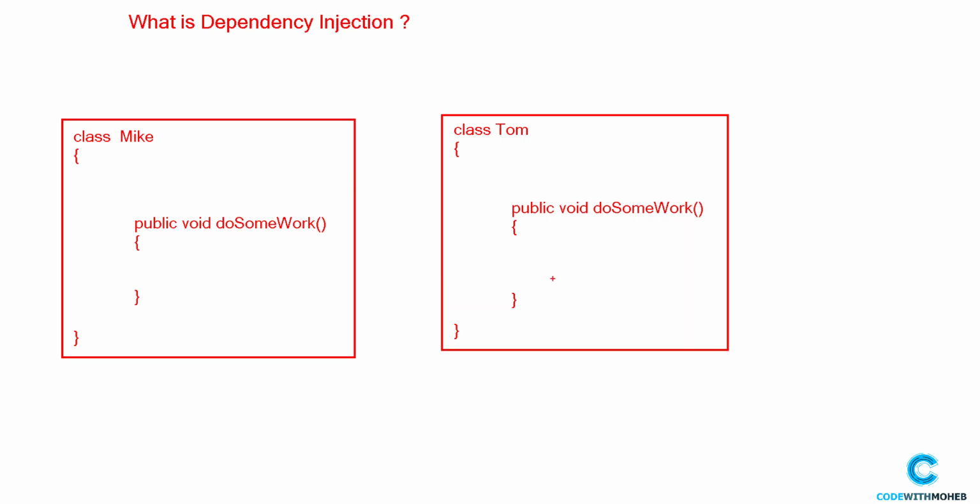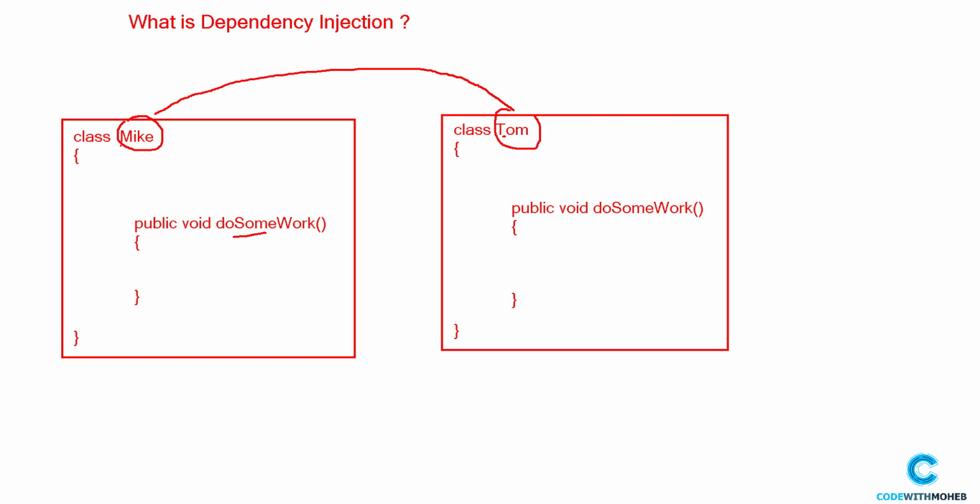In older times, and I'm talking about core Java, Java Standard Edition, assume that in order for my class to perform some action, it needs the object of the Tom class. Without the Tom class, it cannot perform any action. So my class is totally dependent on the Tom class.